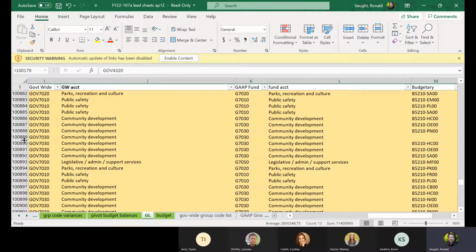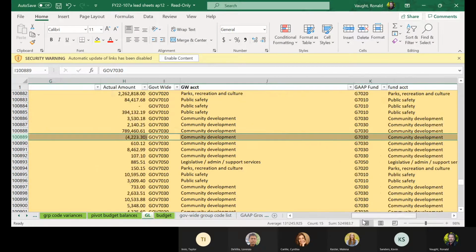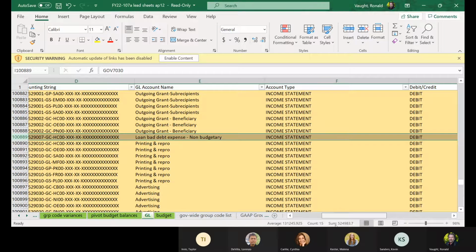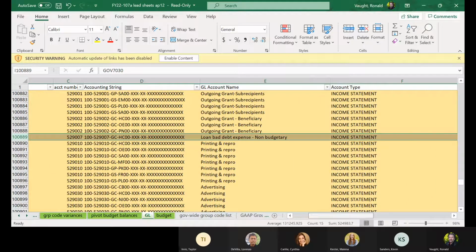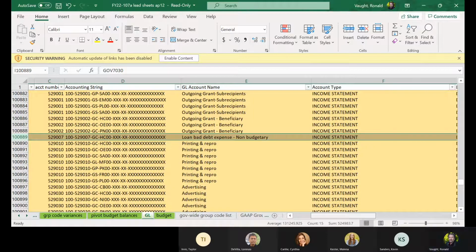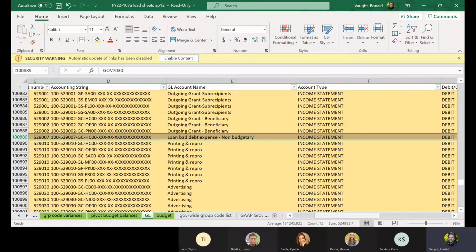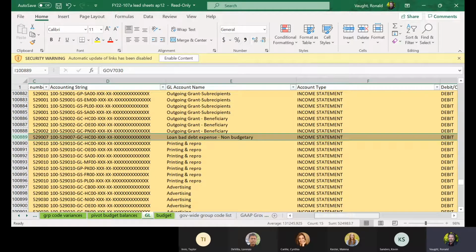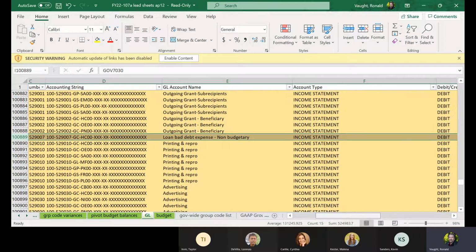And there's another one. Loan bad debt expense, and that makes sense because in the budgetary basis, loans receivable are not a budgetary asset.